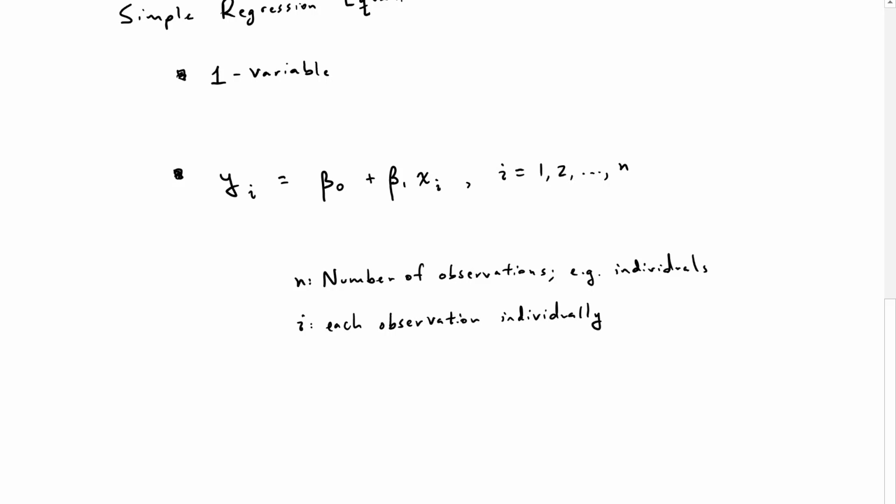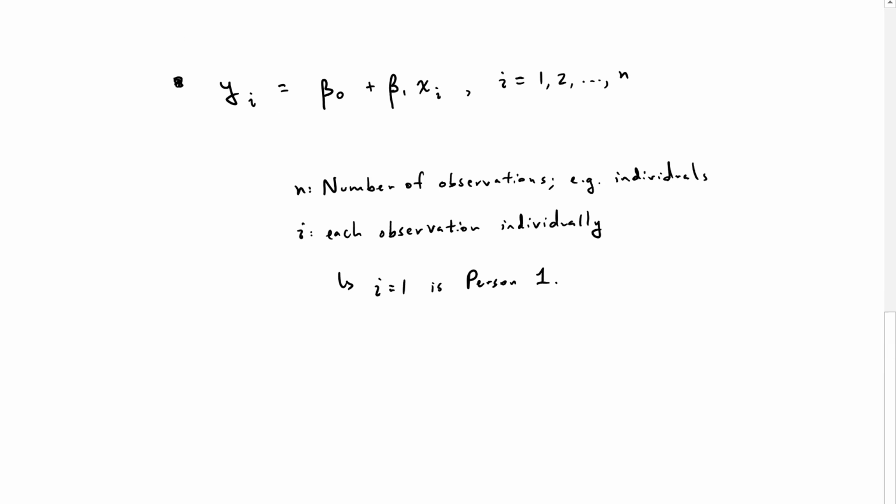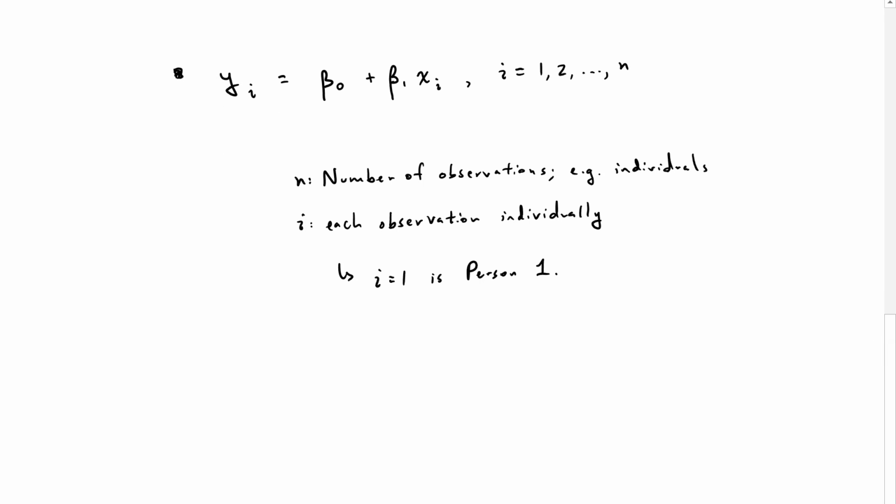Okay, so if we had, say, 100 people, n would be 100, and i equal to 1 is person 1. i equal to 2 is person 2, so on and so forth. Okay, so that's just getting some of the basics out of the way.